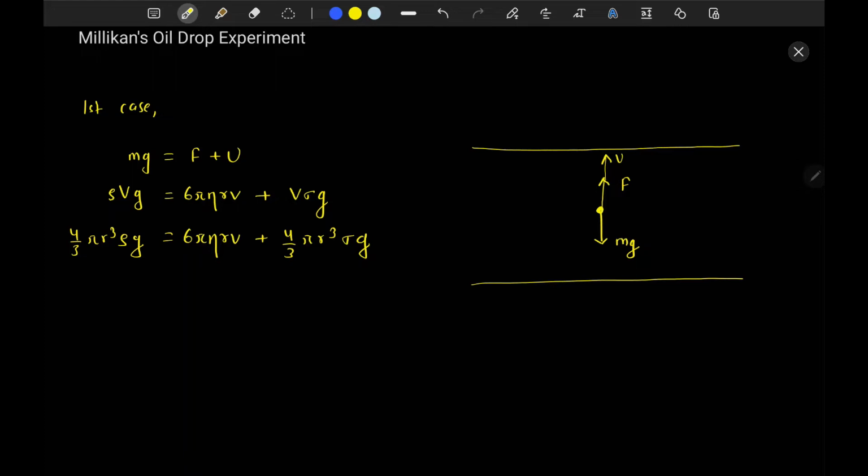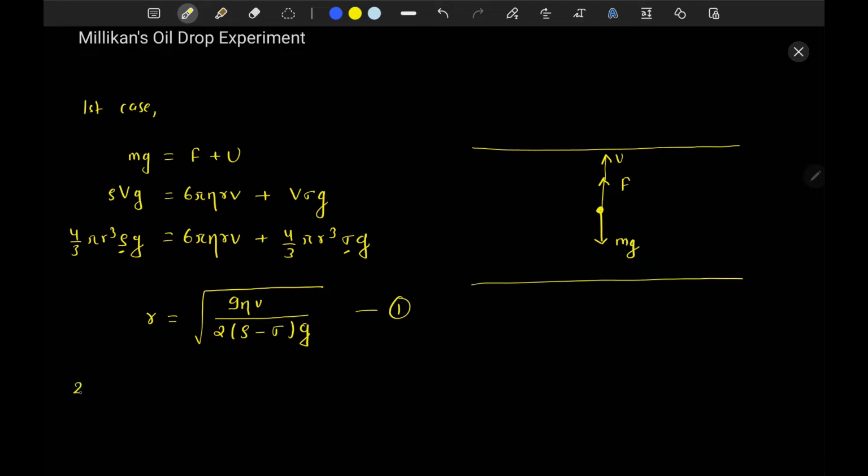Here in this expression, rho is the density of the oil drop, sigma is the density of the medium, that is air, and v is the velocity of the oil drop. We can solve this to obtain the radius of the oil drop as r is equal to root under 9 eta v by 2 (rho minus sigma) g. This was the first case.